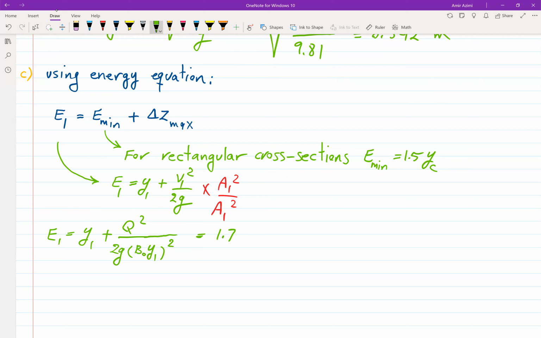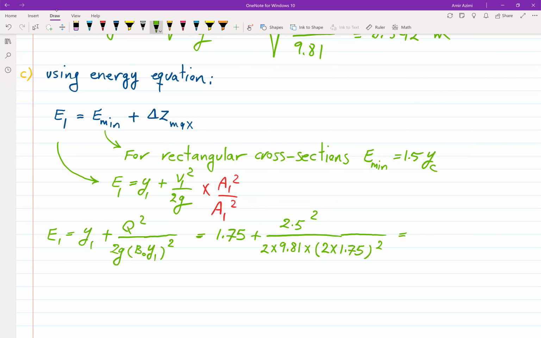So 1.75 plus 2.5 squared divided by 2 times 9.81 times 2 times 1.75 squared.